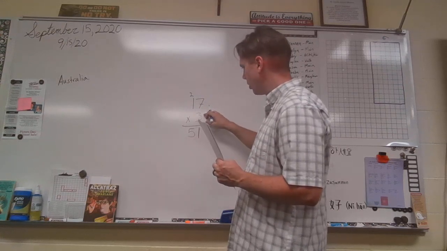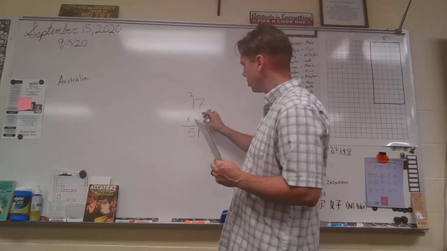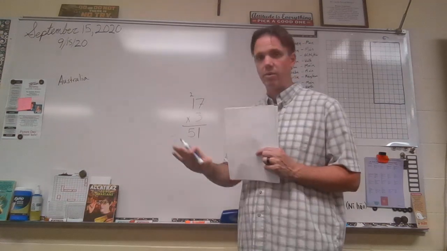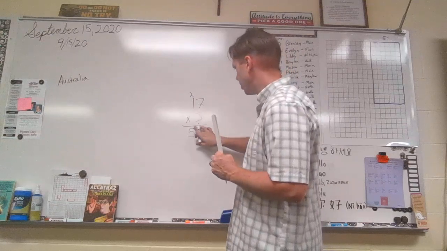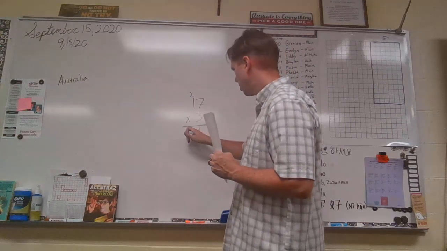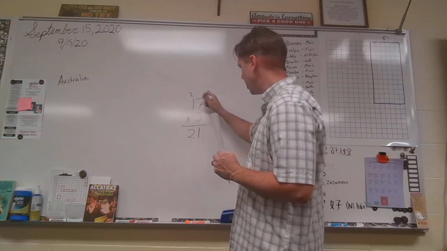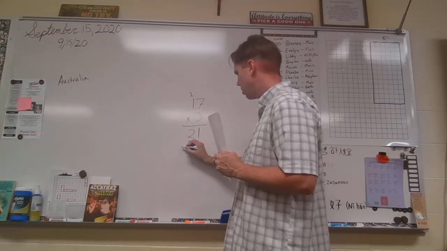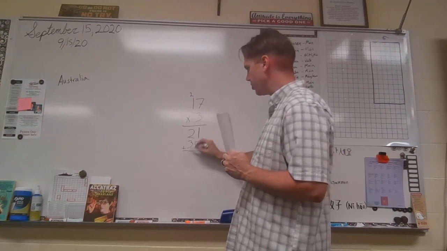Notice I don't go 3 plus 1 plus 2, and I don't go 3 times 1 and then 3 times 2. That's not what we're doing. This 2 is really from 21, and now we're doing 3 times 10 is 30, right? So we add the 3 and the 2.